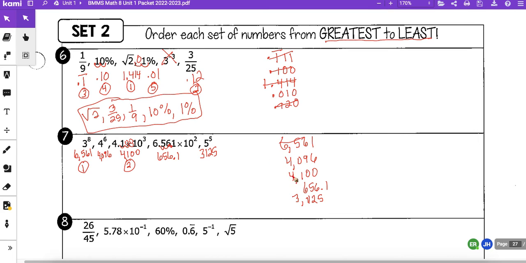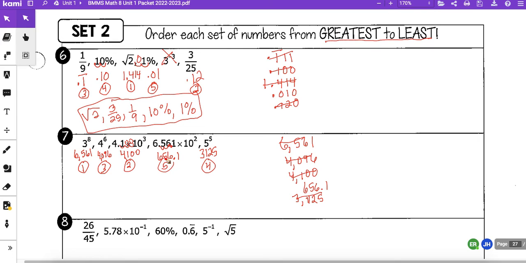And remember, you can cross these out so we know which ones we've dealt with. And then 4,096 is going to go next. So we're going to put a 3 there. And then 3,125 is the next greatest, so we're going to put a 4 there. And the smallest value, because we're going greatest to least, is 656 and 1/10, so we're going to put a 5 there.